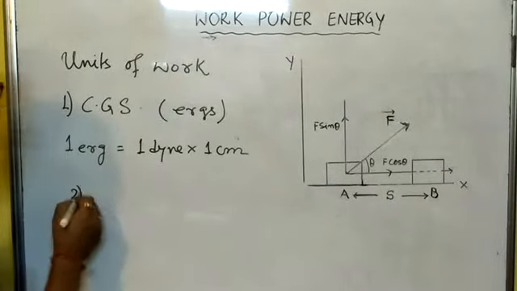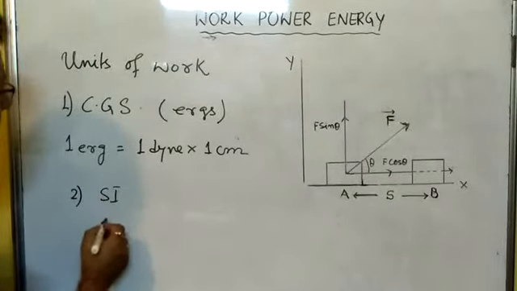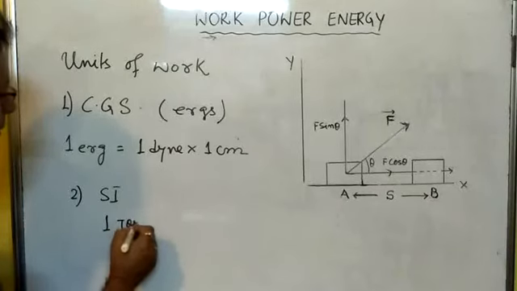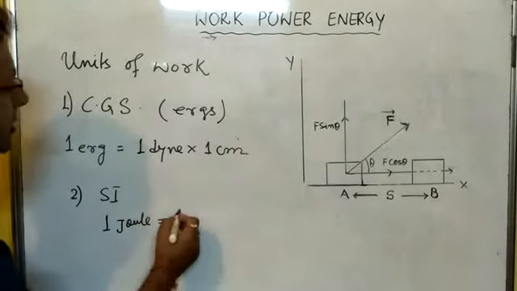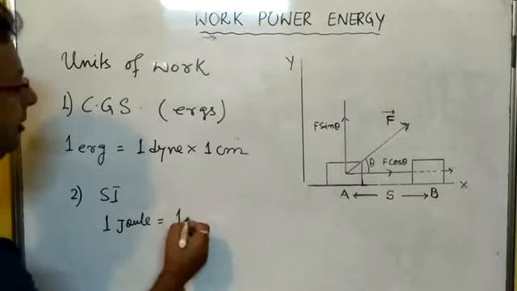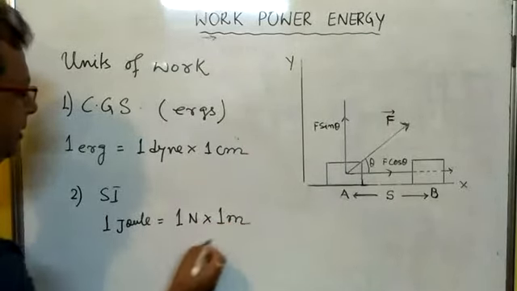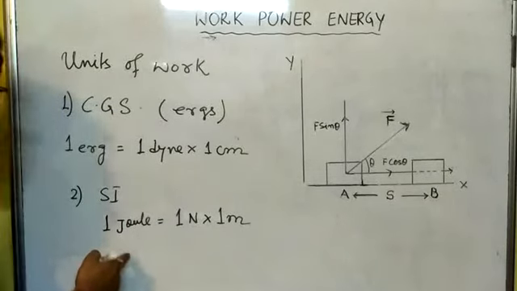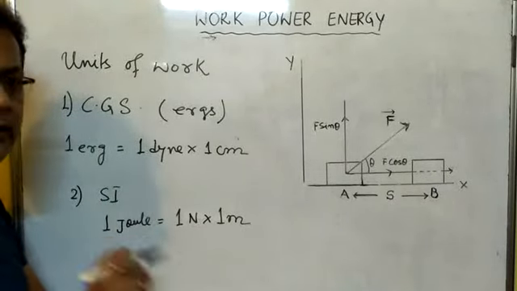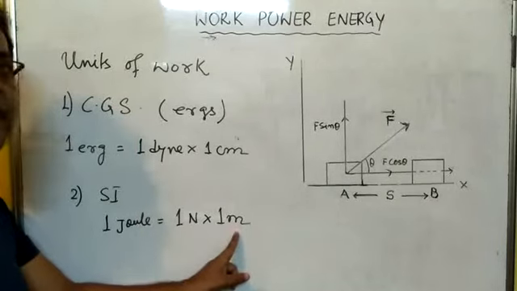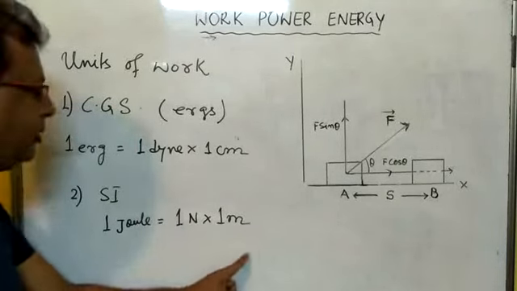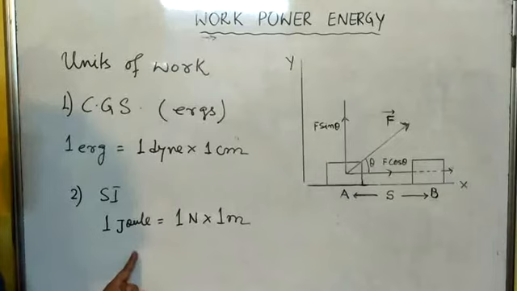And number 2, the SI unit is 1 joule. 1 joule is equal to 1 Newton into 1 meter. So what is 1 joule of work? When a force of 1 Newton causes a displacement of a body by 1 meter, we call it 1 joule.